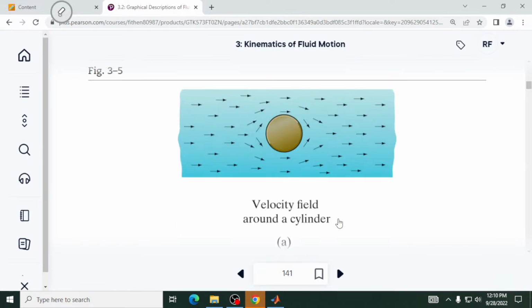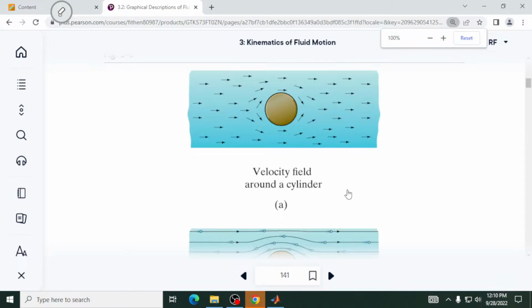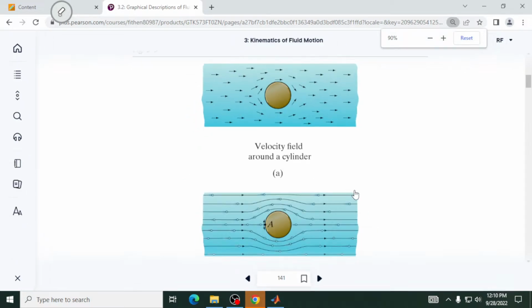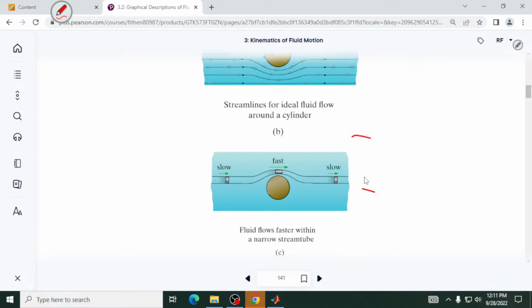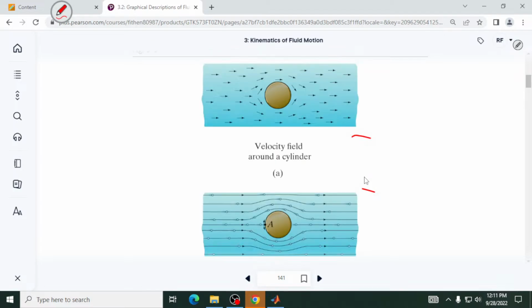Let me use the control key. What these are, are streamlines. The velocity field is in the upper streamlines, and what you find out is you could almost consider that the particles do not cross this barrier here.